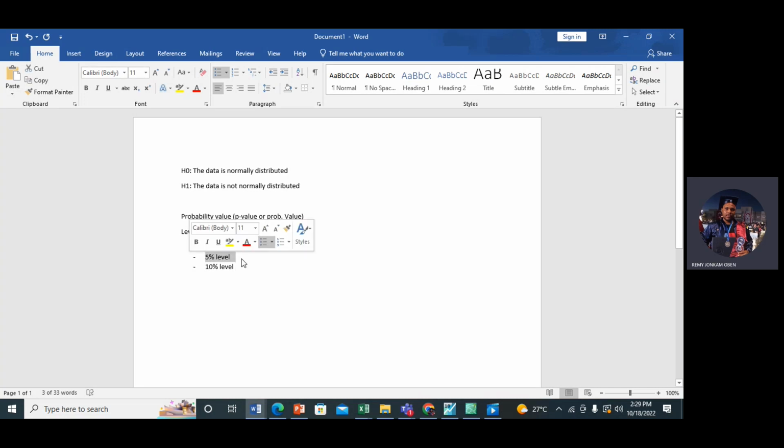Generally, we always use the 5% level. In most studies or articles, we always use the 5% level. But the reason I'm showing you all 3 levels is because in some studies you will see some people using 1%, some using 10%, some using all 3. So you can use all 3 or you can use one of them. But most of the time they use just 5%.